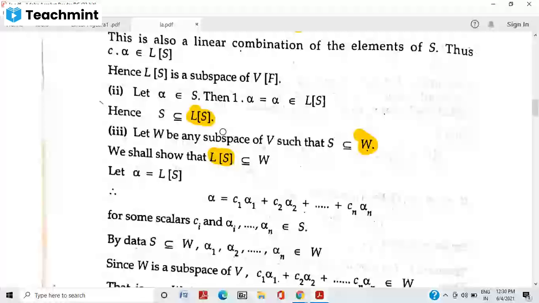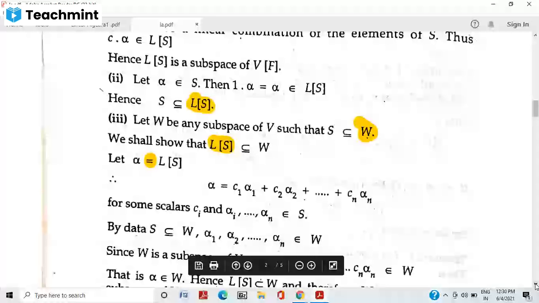Have you understood what we have got? Here we got L of S containing S. We have taken another subspace W also containing S. But our aim is to prove that L of S is the smallest one, or we should prove L of S is contained in W. Take alpha belongs to L of S. Then alpha can be written as a linear combination of alpha 1, alpha 2, etc., alpha n.